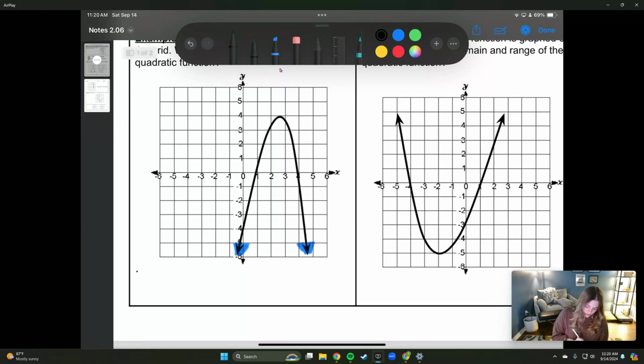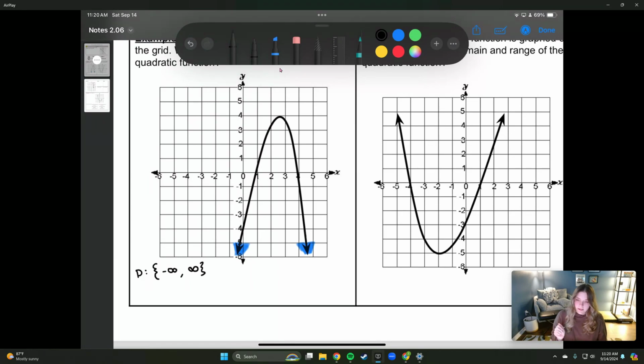So the great thing about this quadratic function is that the domain has to be all real numbers from negative infinity, sorry, my infinity symbol is a little wonky, to infinity, because it's never going to stop. So it's negative infinity to infinity, all the way from the left to all the way to the right.